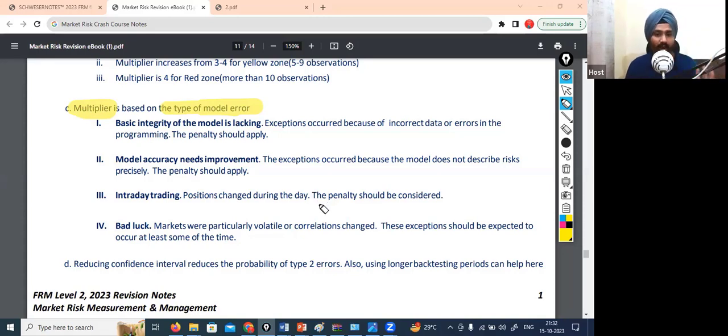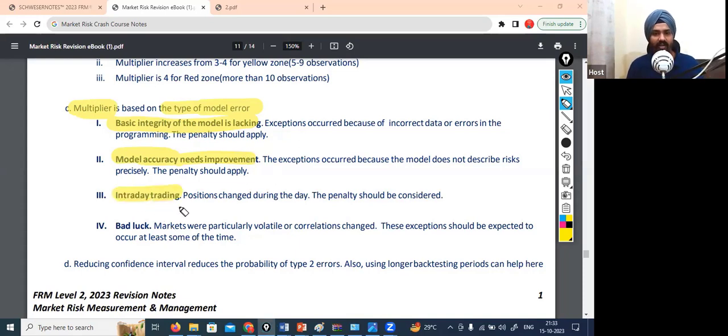Why do you have exceptions? Maybe the basic integrity of the model is lacking. The model that you made, the assumptions, the inputs, everything was incorrect, so obviously the output will be faulty. Or model accuracy needs improvement; the accuracy of your VaR model needs improvement.